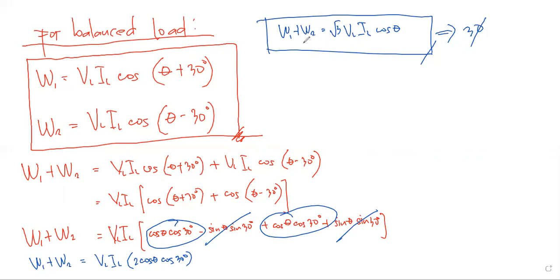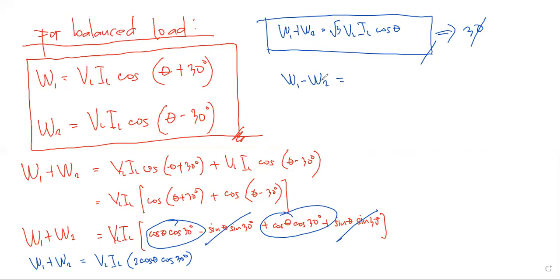And then if we try to subtract, wattmeter 1 minus wattmeter 2, obviously this will cancel out the cosine theta and cosine 30.